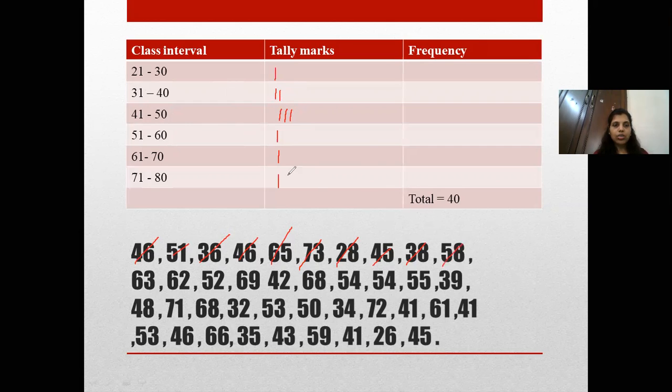58, put one tally mark over here, 51 to 60. Strike off 63 and it will be between 61 to 70.